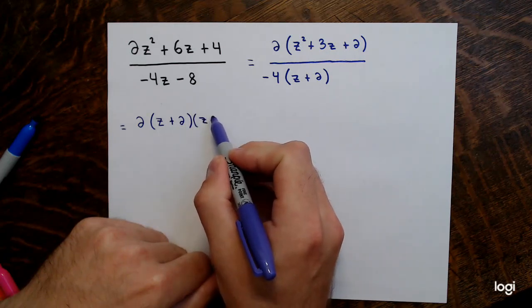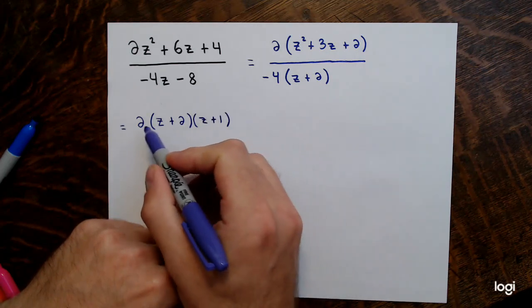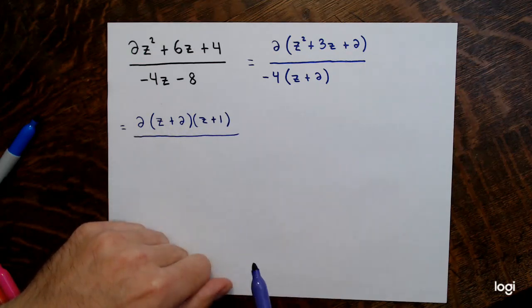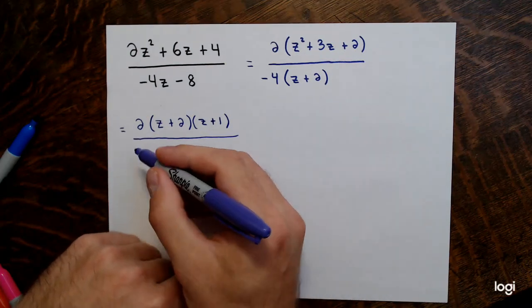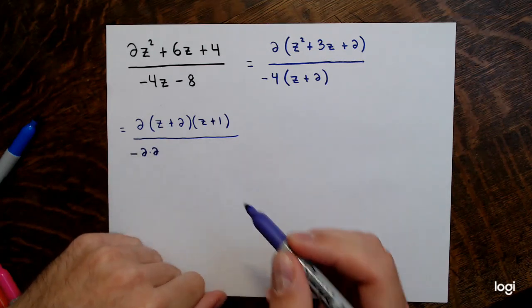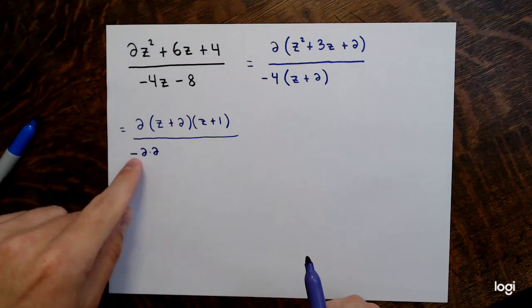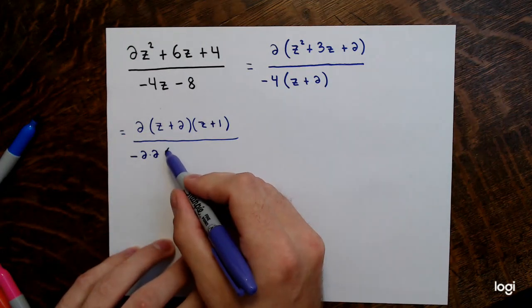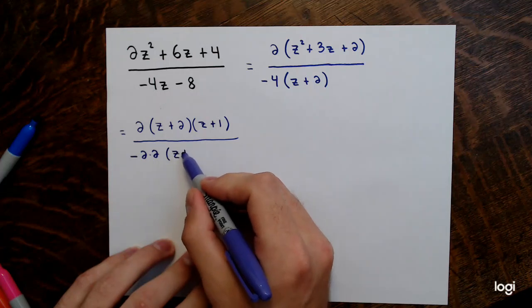All right, so here's all the factors of the numerator, these three things, 2, z plus 2, and z plus 1. And then in the denominator I have negative 2 times 2, or if you want to write the opposite of 2 squared, whatever you want for negative 4, that's fine, times z plus 2.